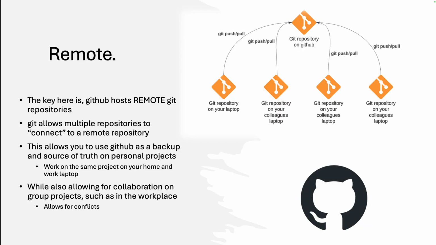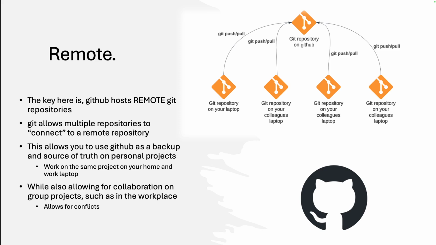So remote. The key here is that GitHub hosts remote Git repositories. Git allows multiple repositories to connect to a remote repository. This means that we can have a repository in GitHub and a repository on our laptop, and we can connect them together so that changes are distributed and moved between each. Because it's remote and on a different system, let's say the cloud, it allows you to use GitHub as a backup and a source of truth on personal projects.